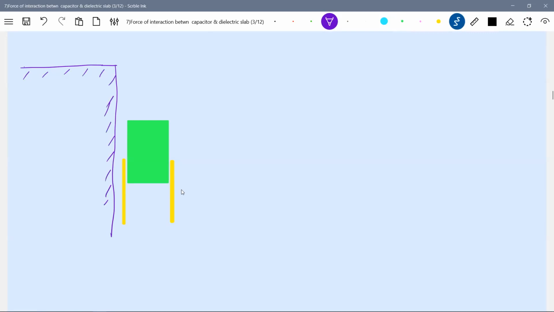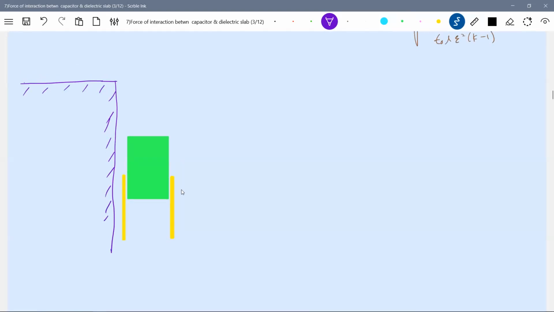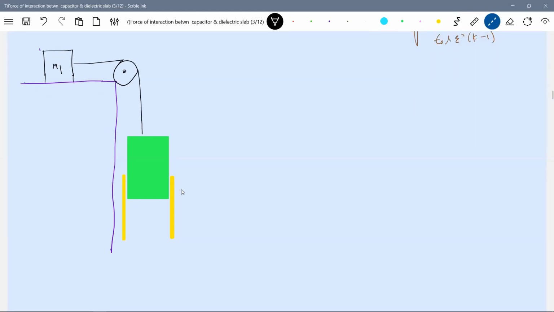Laws of motion idea. There's a block M1. Then I'm going to connect this to a slab, and this is a rough surface.